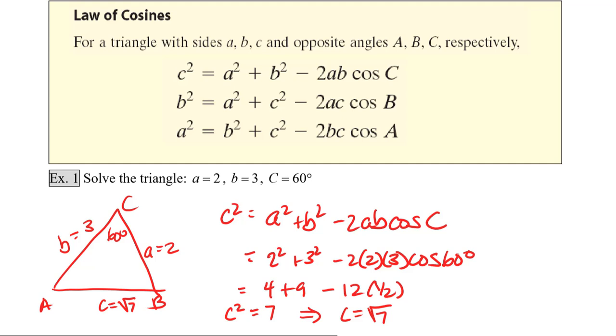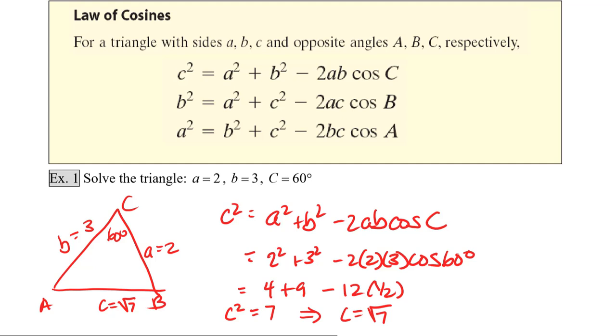Now we could use law of cosines to find angle A or angle B, but the law of sines is a little bit quicker. The catch is that you should always choose to find the angle opposite the smallest side to make sure that we're finding an acute angle and the ambiguous case does not come into play.